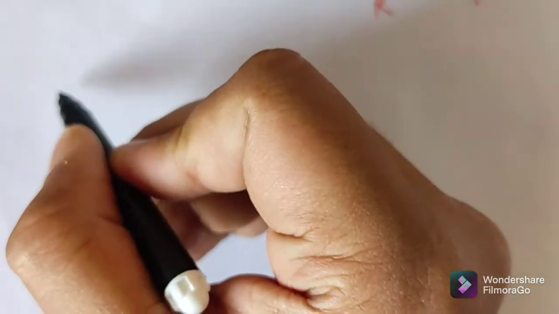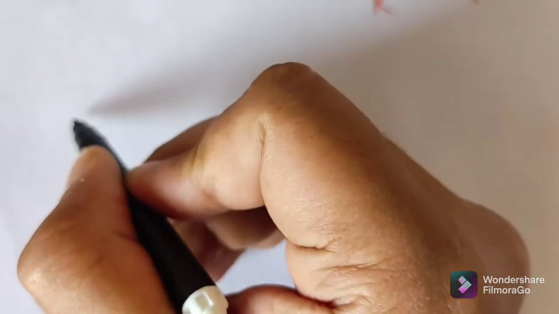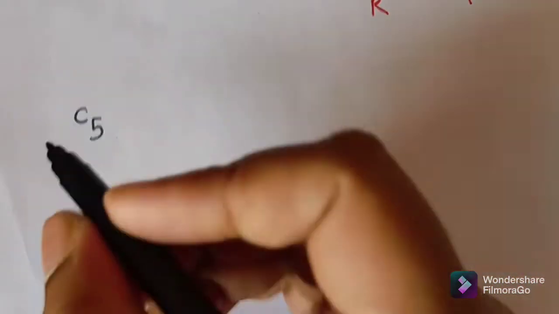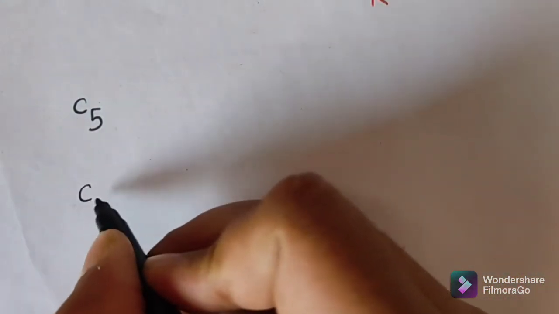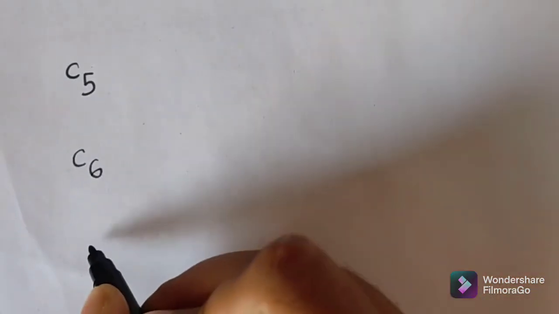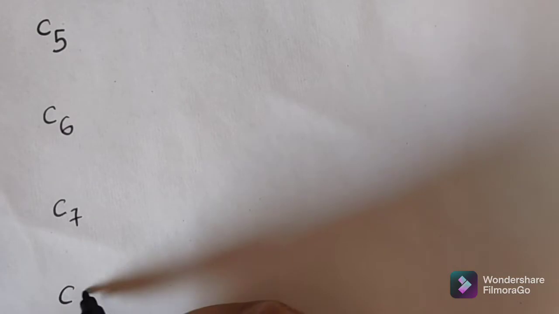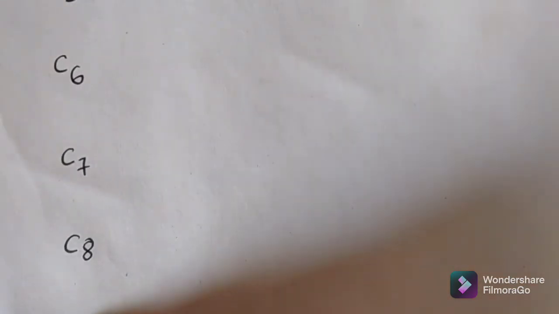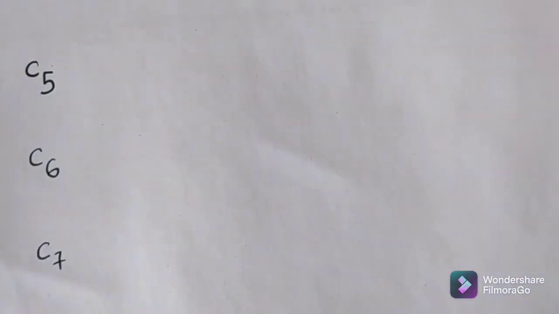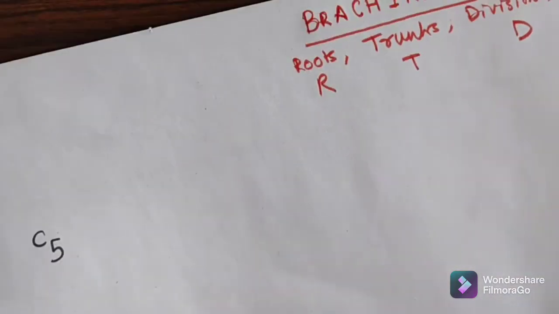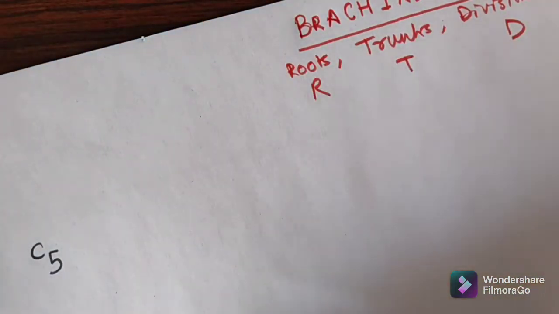So, C5, C6, C7, C8, and T1. This is the roots of the brachial plexus.